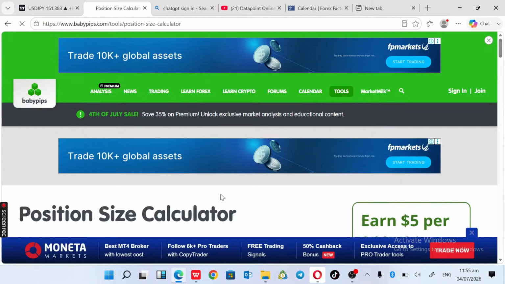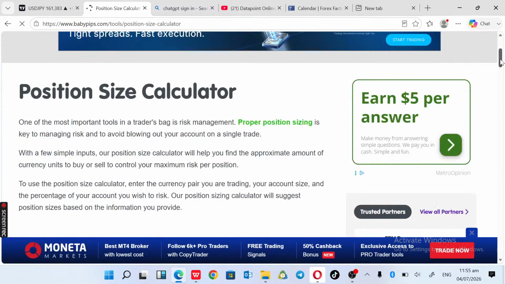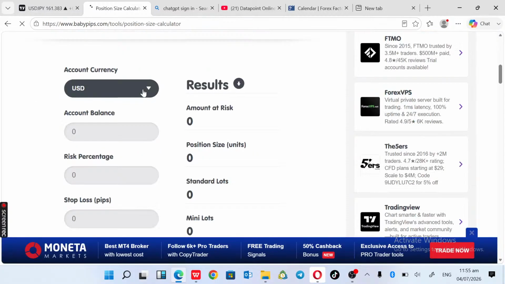Now when you want to do that, you may ask about the calculation. Let's assume this is the calculator. Let's assume you have 500 USD, right? This is how to calculate it. And you are risking maybe 1%.